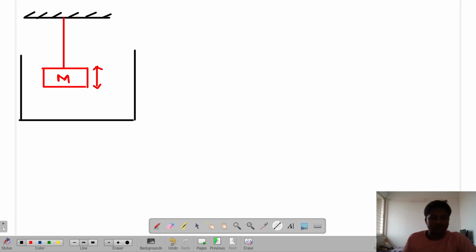Let's suppose this block is fully immersed basically.